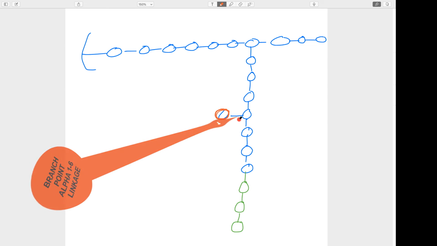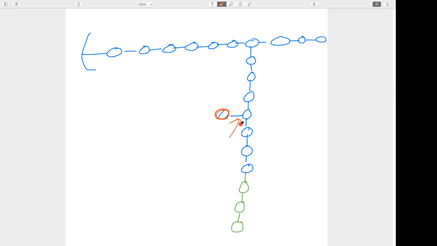The alpha 1,4 linkage is broken and again an alpha 1,4 linkage is established by this one part of the debranching enzyme.